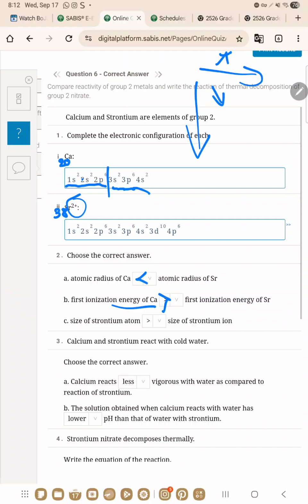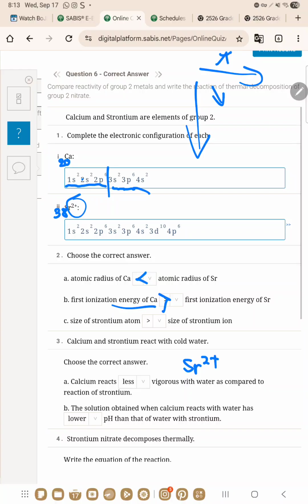Size of a strontium atom is bigger than the size of a strontium ion. Why? Because the atom is neutral, but the ion is Sr2+. So you're gonna say, what does that have to do with anything? 2+ means it lost 2 electrons. So if it loses 2 electrons, it has 2 more protons than electrons. So since we have a higher positive charge than the negative charge, you're gonna have more positive charges pulling in whatever electrons we already have.